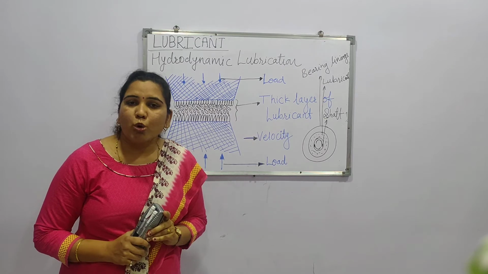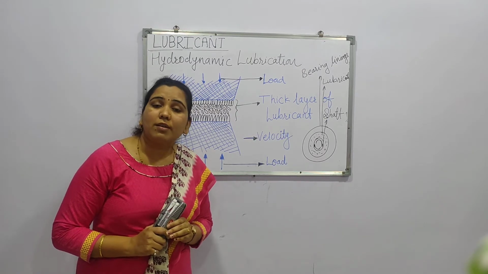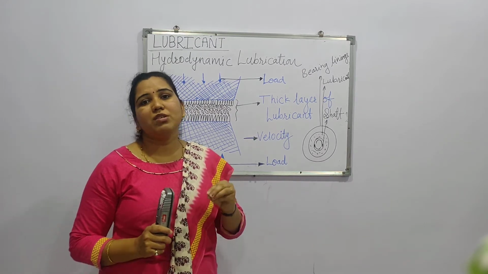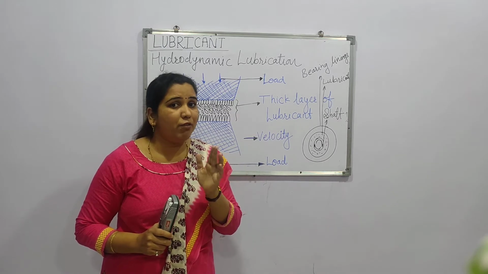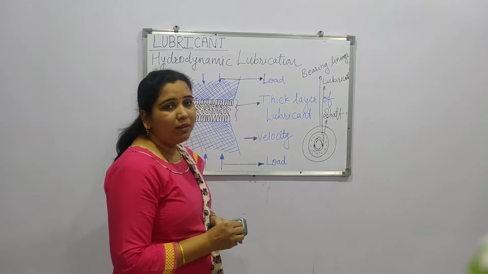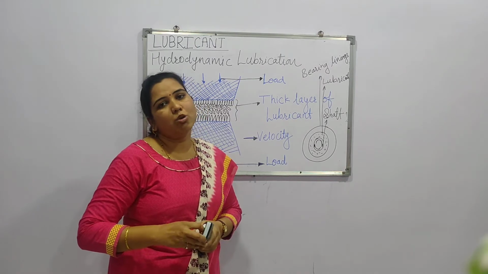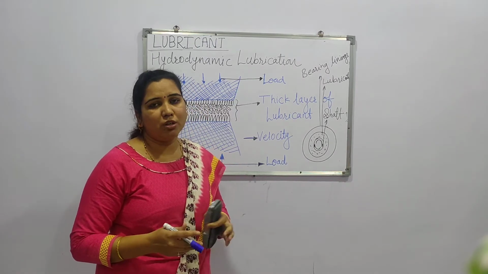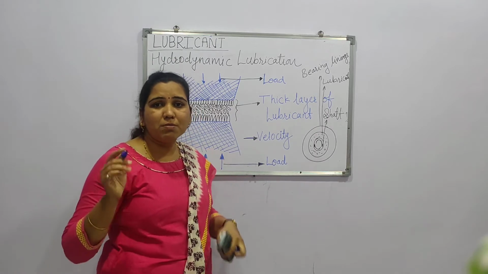The coefficient of friction is the force due to friction, that is the frictional force, divided by the applied load. The coefficient of friction must be minimum.